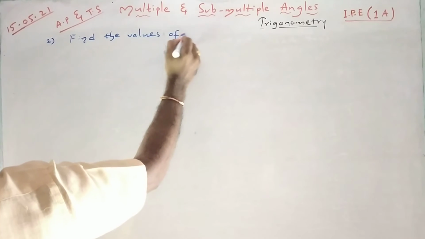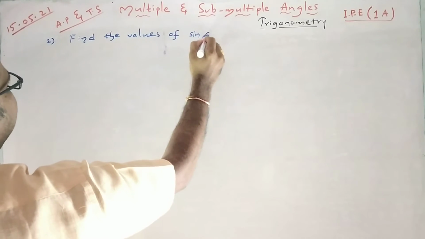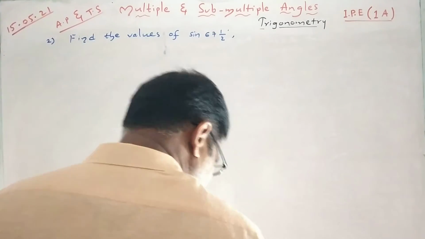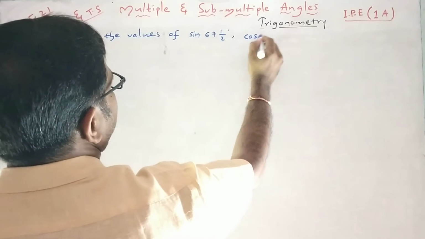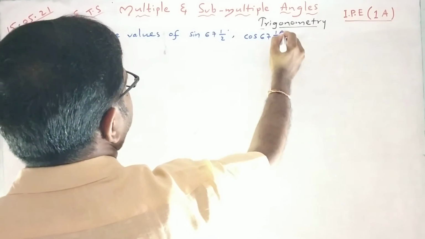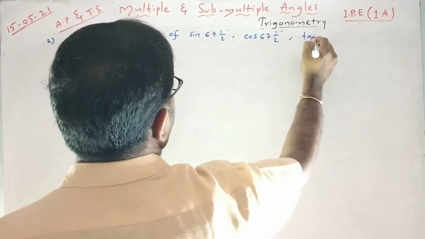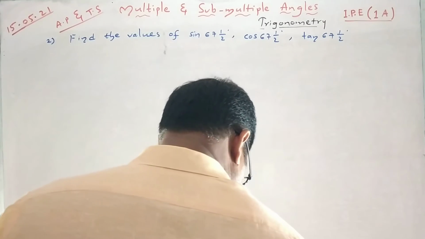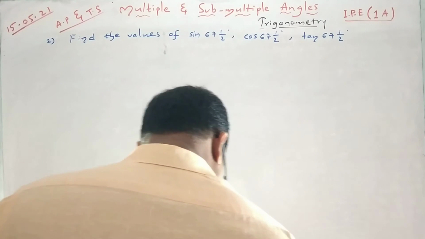Find the values of sin 67.5 degrees, cos 67.5 degrees, tan 67.5 degrees. Okay. So this is the value we have to find.